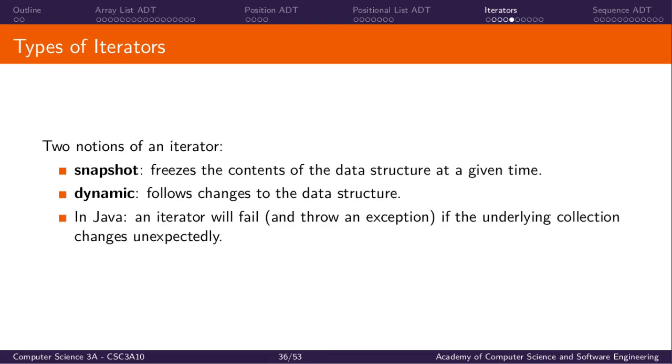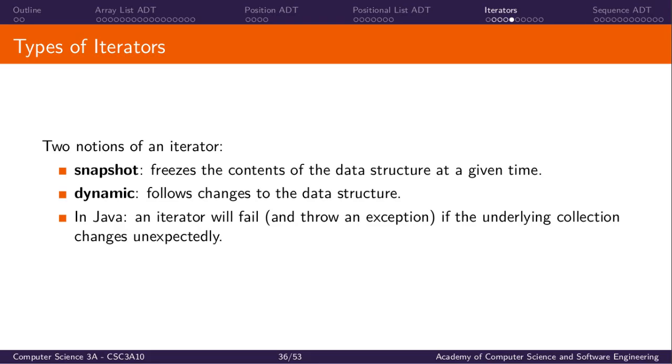So if you add things to the data structure, let's say we're working with a queue, you call iterator, so you create an iterator over that queue, you start doing some work with it, then you change the queue, so perhaps you remove something from the front, you add something to the end. That new or one less element will not be accounted for in your iterator because it was a snapshot iterator.